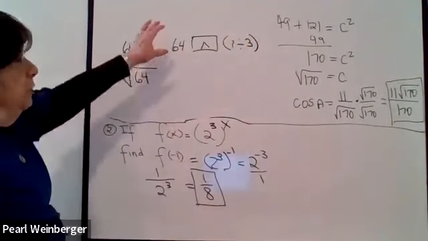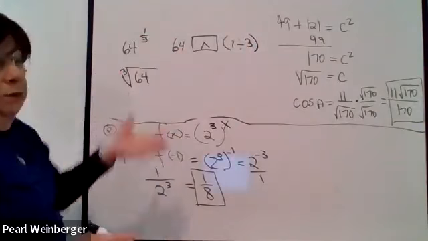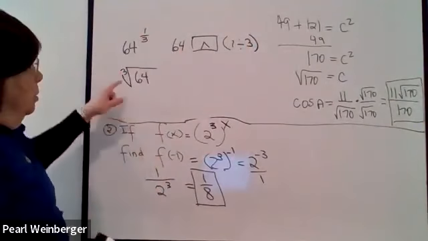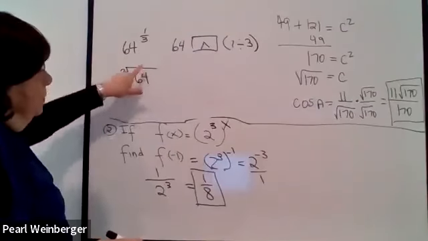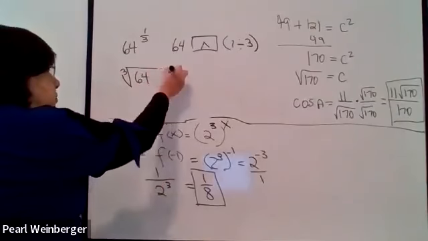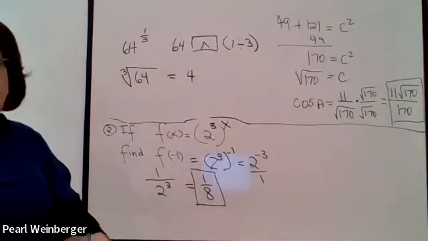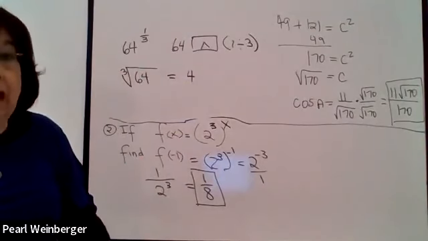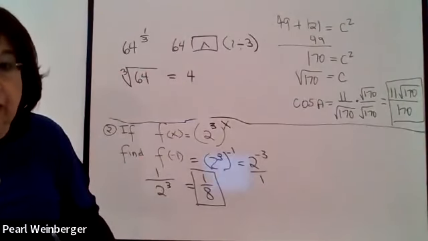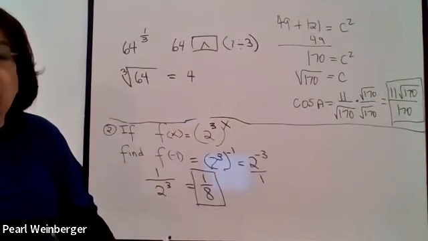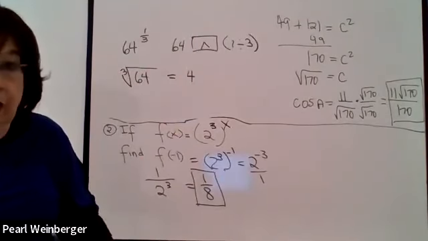If you don't put in the parentheses, it will think just the first number is the exponent. Or you could work it out this way, and either way, the cube root of 64 turns out to be 4. So a fractional exponent indicates a radical.